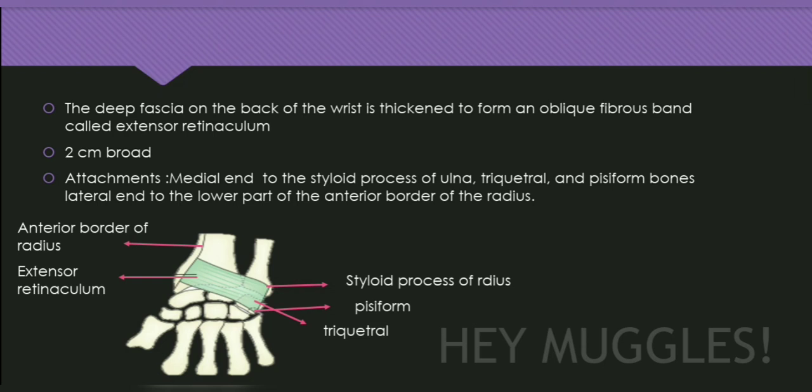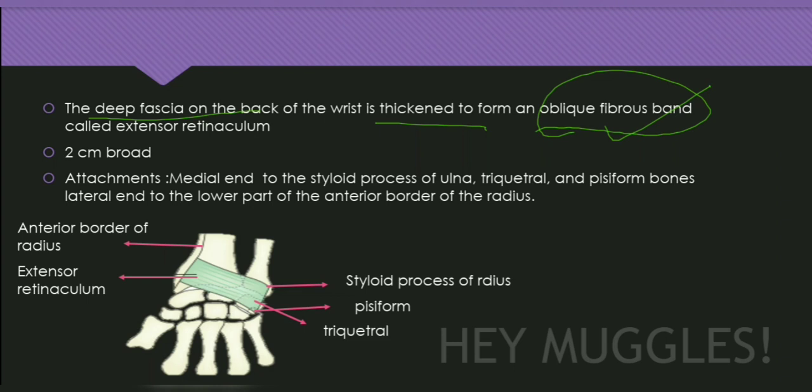Extensor retinaculum is basically a deep fascia which gets thickened to form an oblique fibrous band. The deep fascia that is present on the back of the wrist, or on the posterior part of your wrist, is thickened to form an oblique fibrous band.